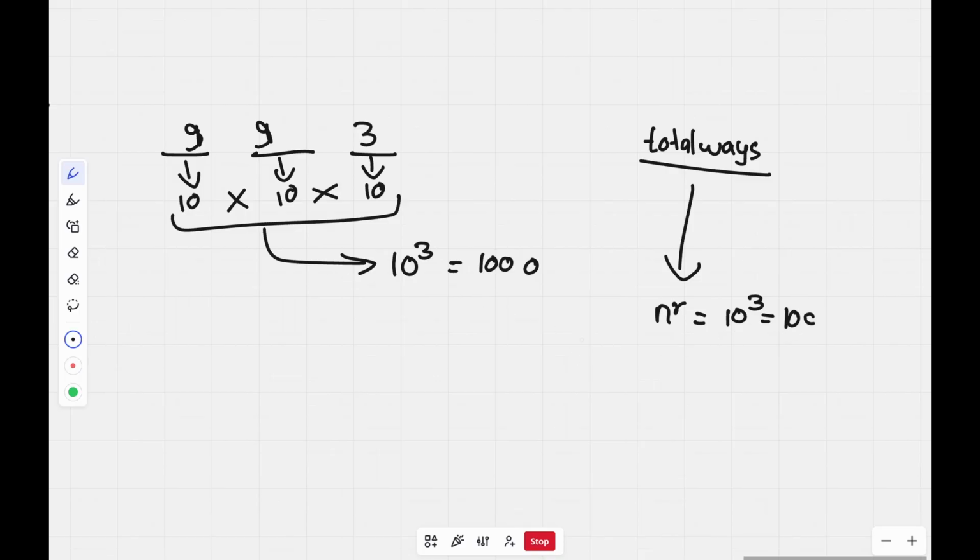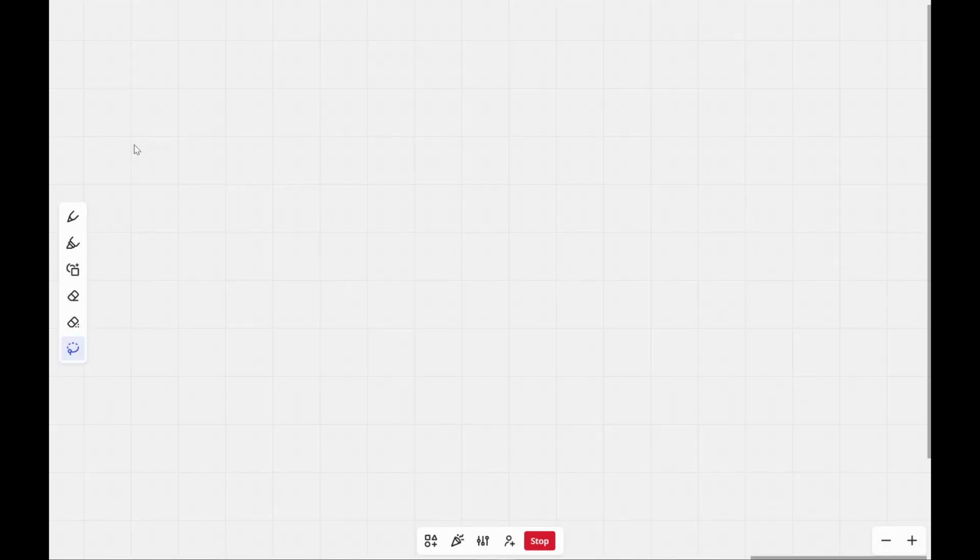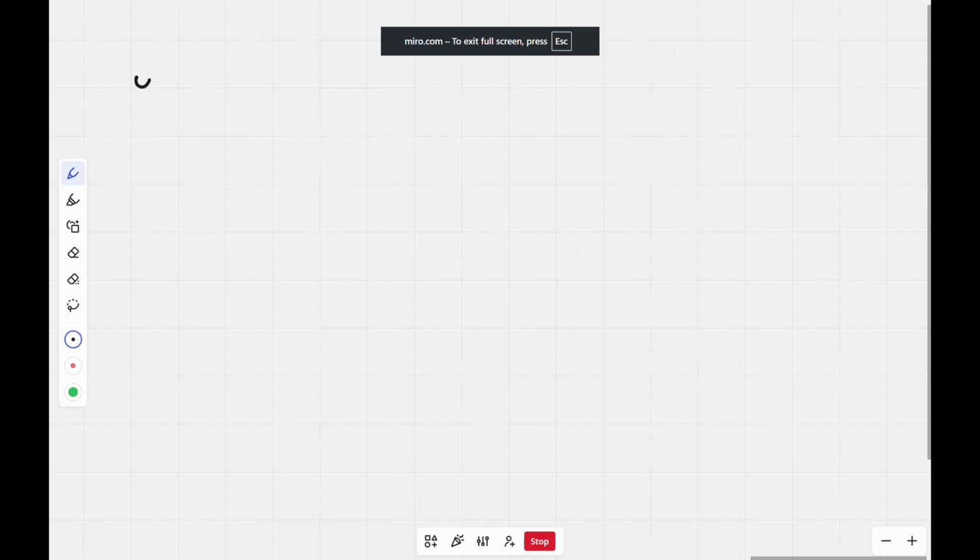This is also 1000. Hence this is the use of the formula here. So our final answer is 1000 from both ways. Alright, it's this simple. Now moving on to a small topic, which is word arrangements.